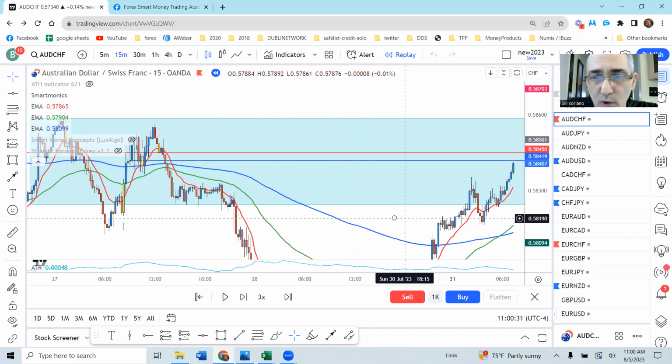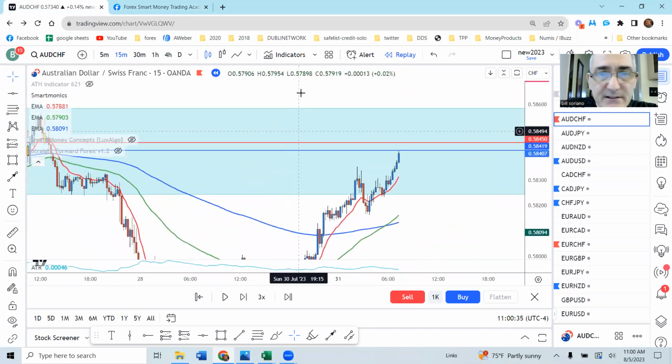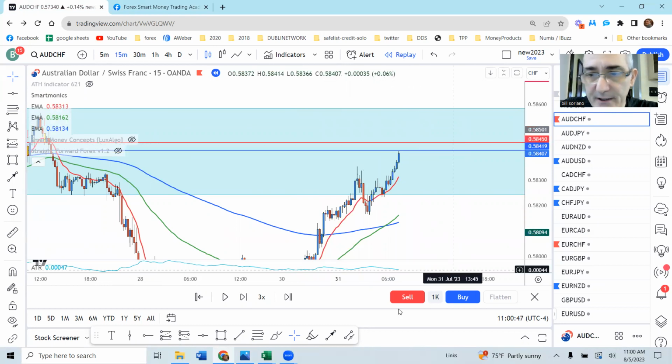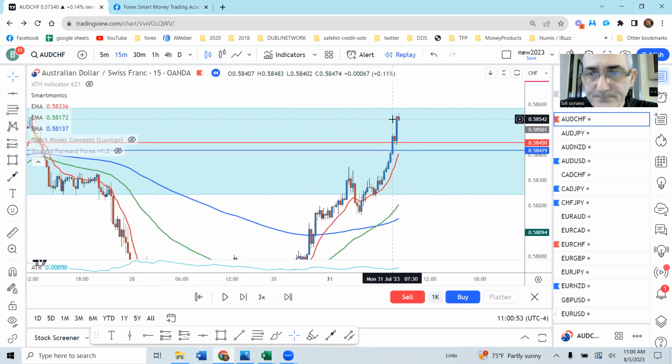Okay, and what I've done was I have it on replay mode now. So this is our 4-hour order block that we marked up on Sunday for the week. And this blue line was our point of interest. If we start playing this, you're going to see that our point of interest gets hit right here.